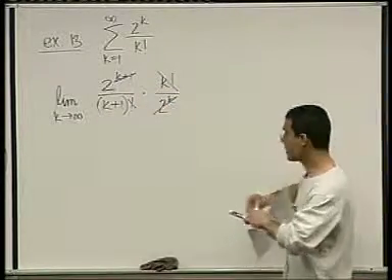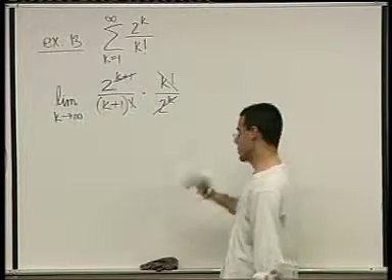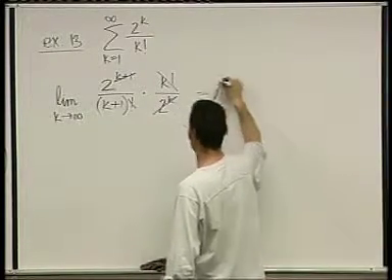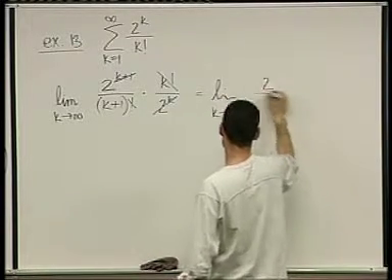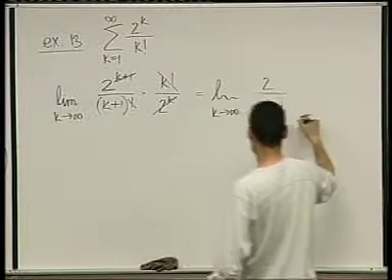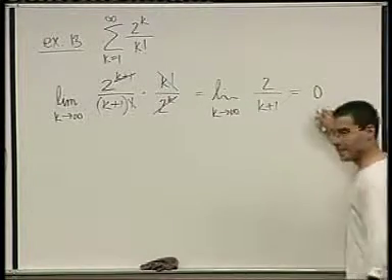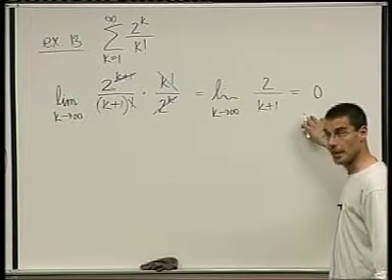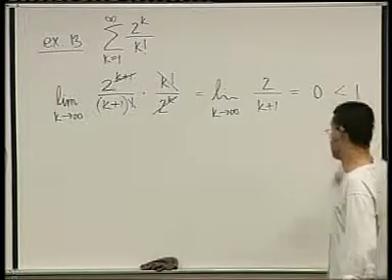So what I get, don't do this on exams, please. Just write an extra step. Limit k goes to infinity of 2 over k plus 1. And what's the limit? The limit is 0. What is the property of 0 that I'm interested in right now? It's less than 1. That's the only thing I care about now.